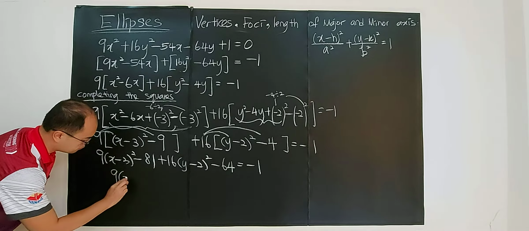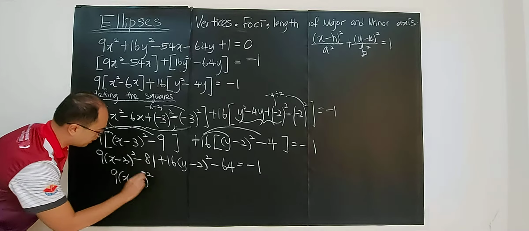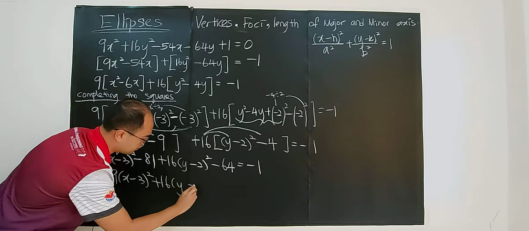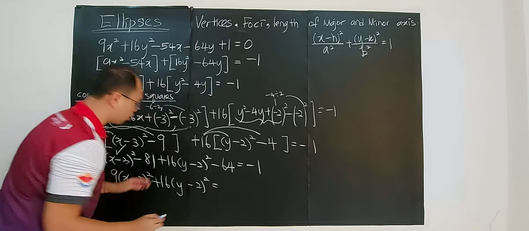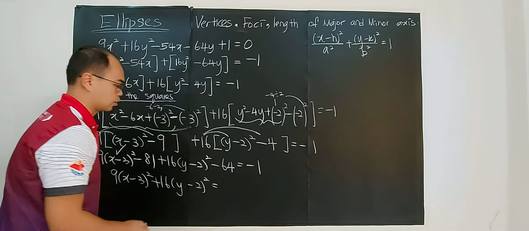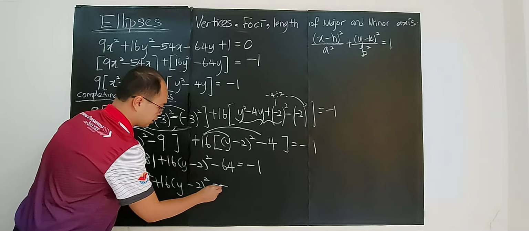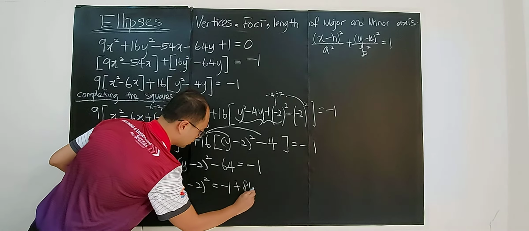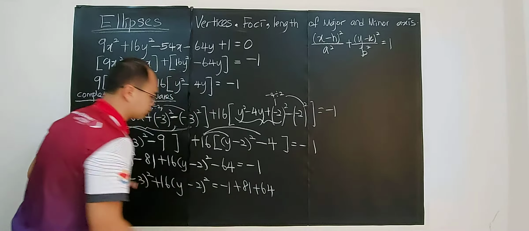So I just rearrange here. 9(x minus 3) squared and 16(y minus 2) squared, with all the constants going to the right hand side, which is negative 1 plus 81 plus 64, right?